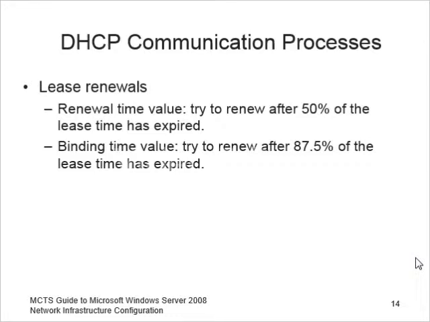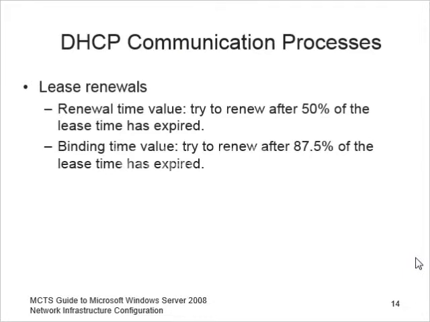The lease renewal involves just two DHCP messages: the DHCP request, either broadcast or unicast, and the DHCP ACK. If a Windows DHCP client renews a lease while booting, these messages are sent through a broadcast IP packet. If the lease renewal is made while a Windows DHCP client is running, the DHCP client and the DHCP server communicate using unicast messages.